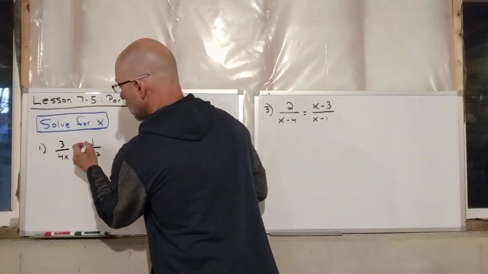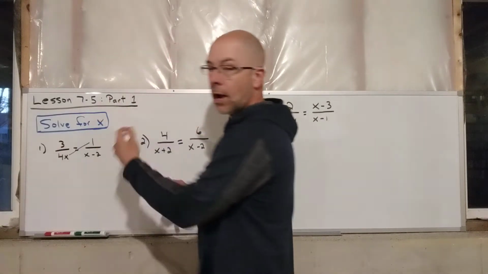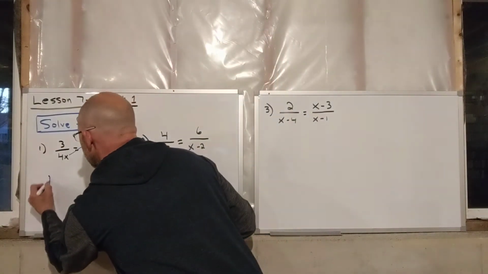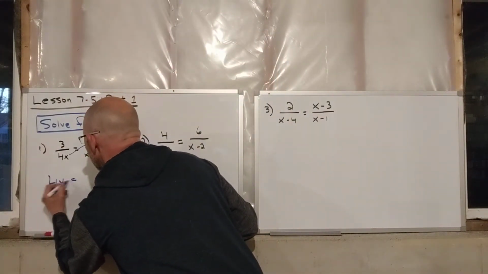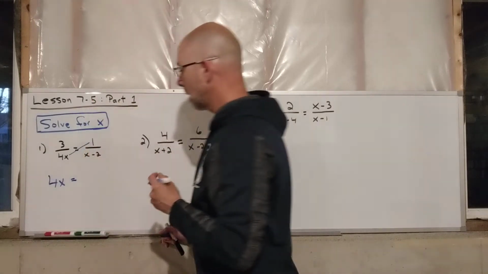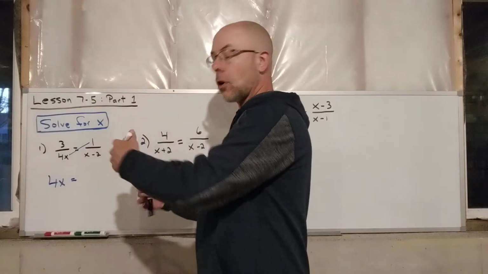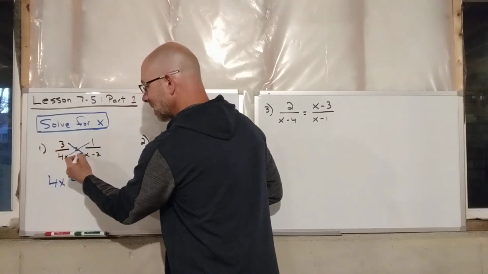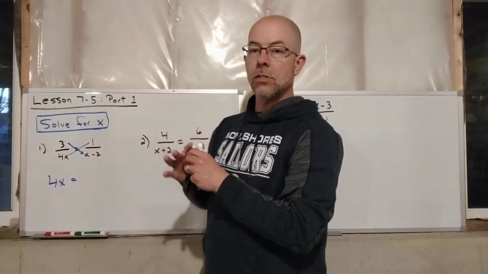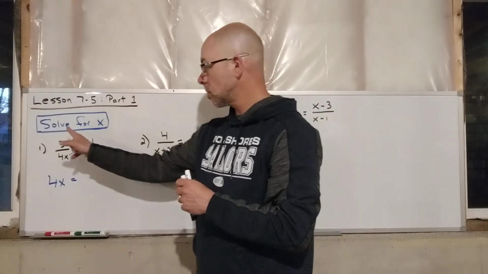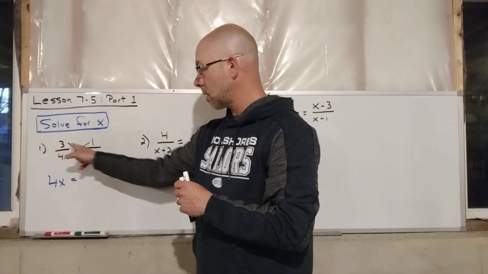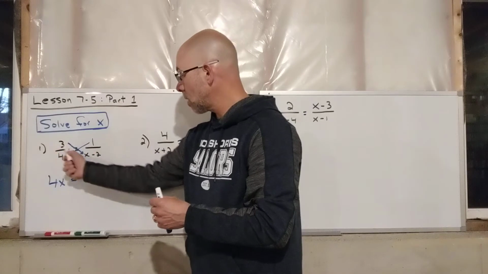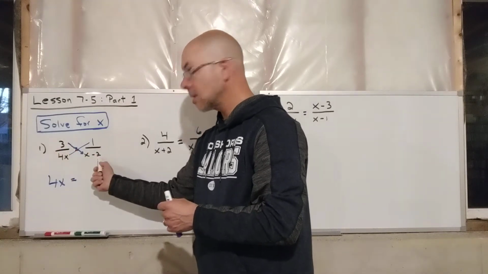So this cross multiplies 4x times 1, 4x. That must equal the other cross product. Now, when you multiply something like this, it is distributive property. So it's 3 times the x and 3 times the minus 2. So 3x minus 6.